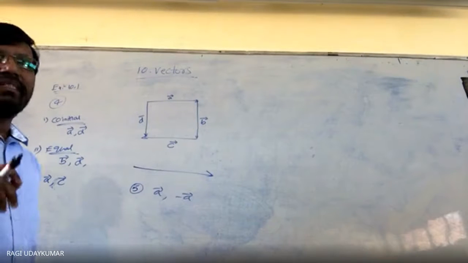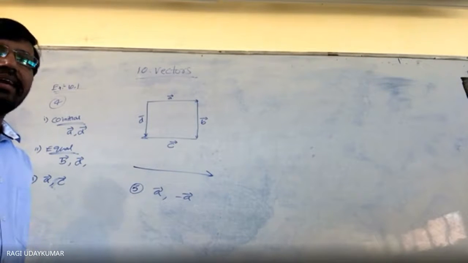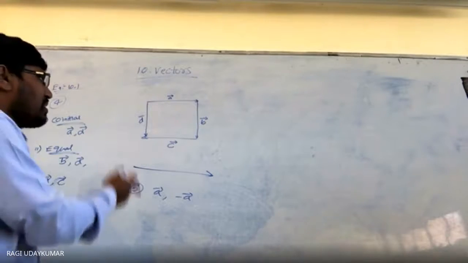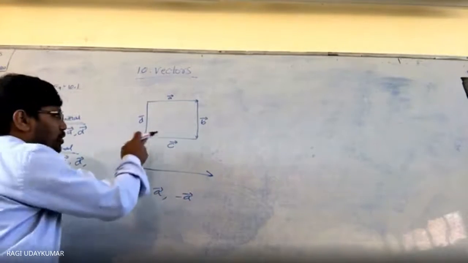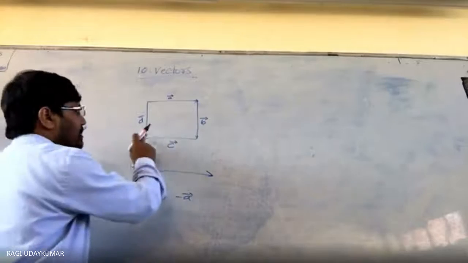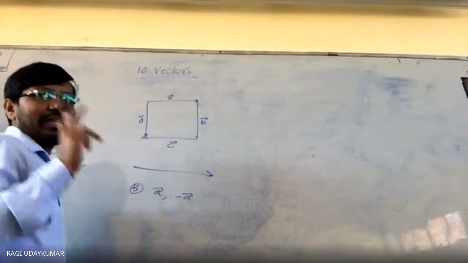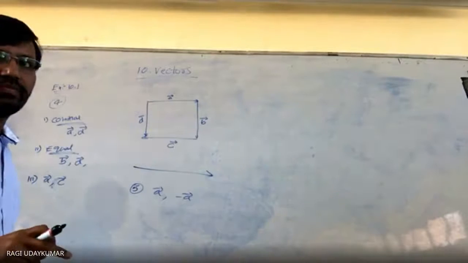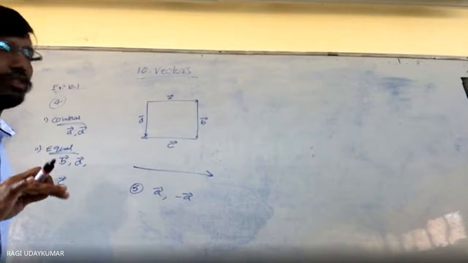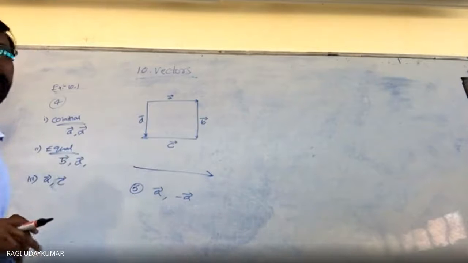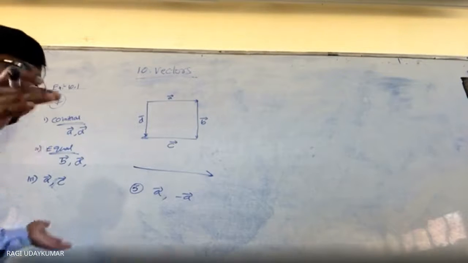Two collinear vectors are always equal in magnitude. Here itself you have one example. These two collinear vectors, A bar and C bar, are collinear and equal in magnitude, but always they may not be equal in magnitude. Here they are equal in magnitude, but the length may be different.